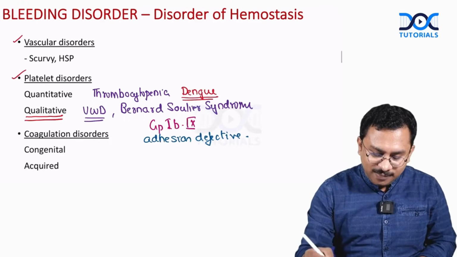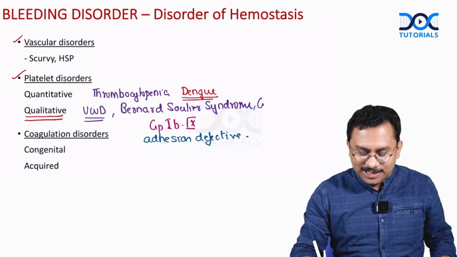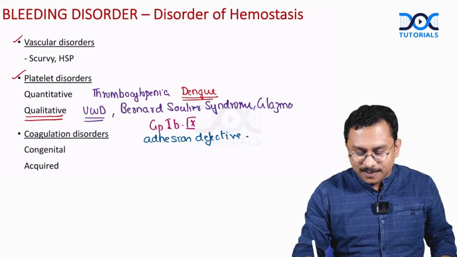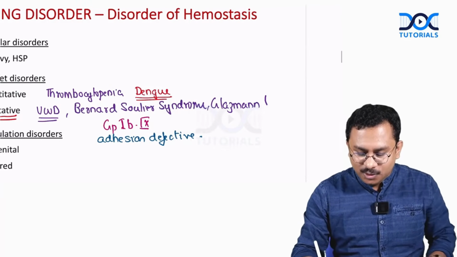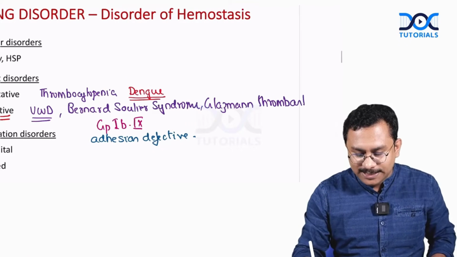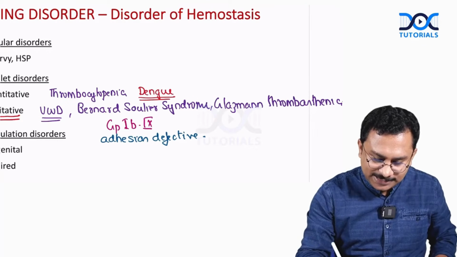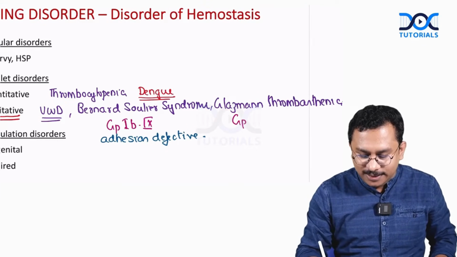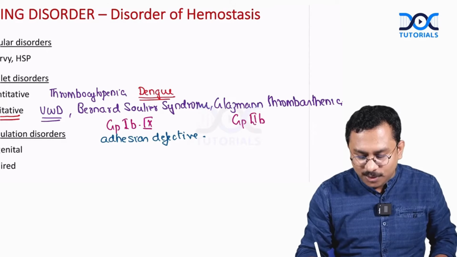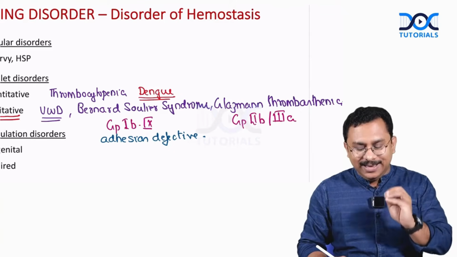Now, another disorder where you get a qualitative dysfunction of the platelet is known as Glanzmann thrombasthenia. What happens in Glanzmann thrombasthenia is there is a defect involving the receptor glycoprotein 2B3A, which is important for platelet aggregation.